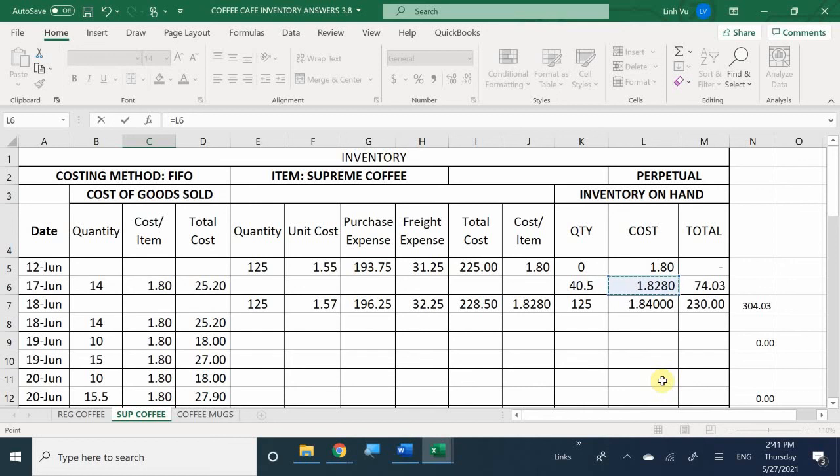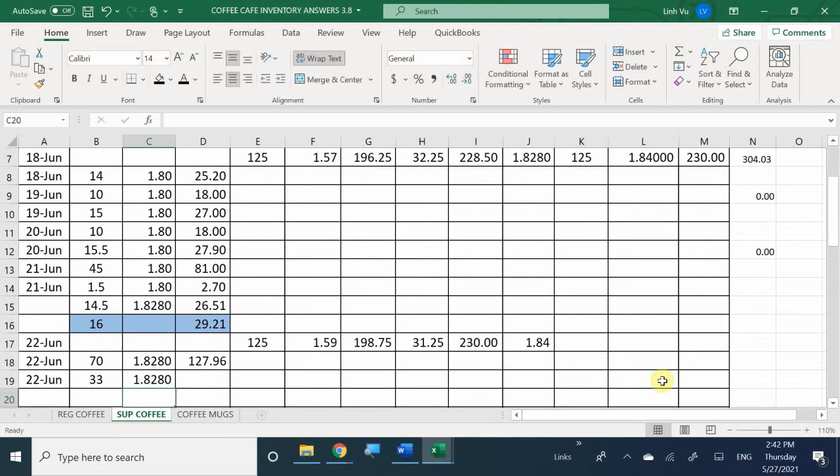Okay. So we're using first in, first out. 33 pounds at $1.828. I got $60.32. Then we have to subtract from what we have on hand.